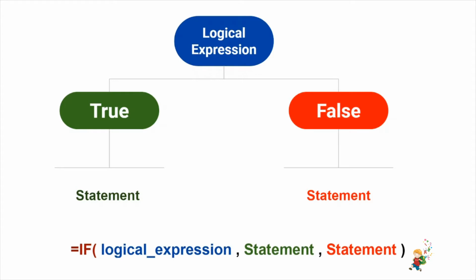We have to write the equal sign first, then if, then bracket open, then the logical expression, then a comma, then the value we want if the logical expression is true, then again a comma, and after that the statement we want if the logical expression is false, then we close the bracket.